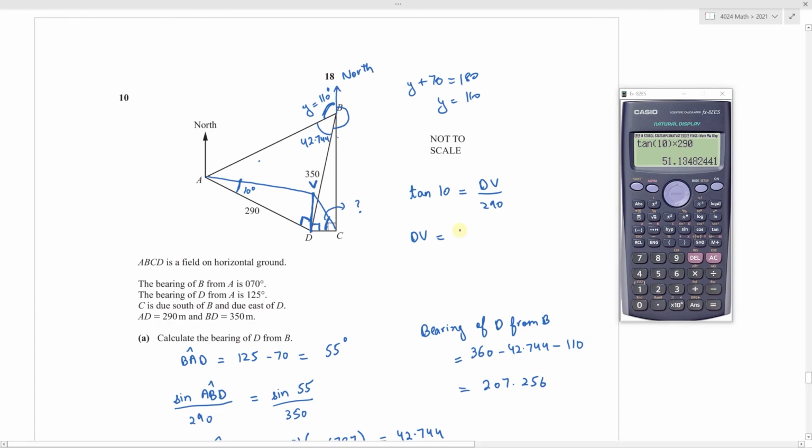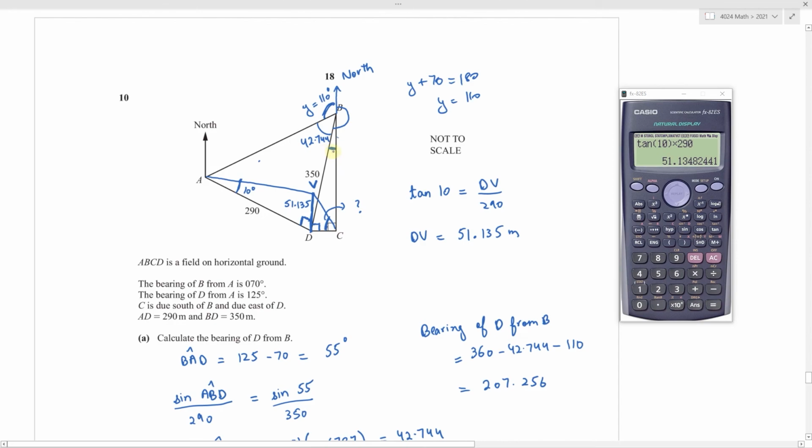So this is 51.135 meters. So I know now this length is 51.135. So this side is known now. Can I find any other sides? So I can look at this DC. If I look at this triangle BDC, I can find this angle easily.